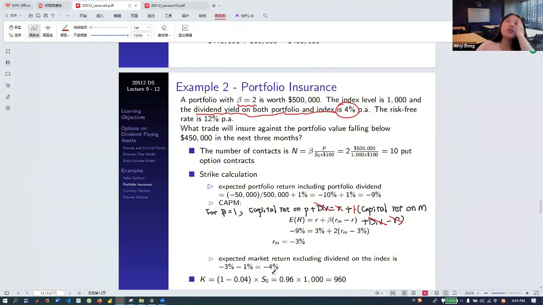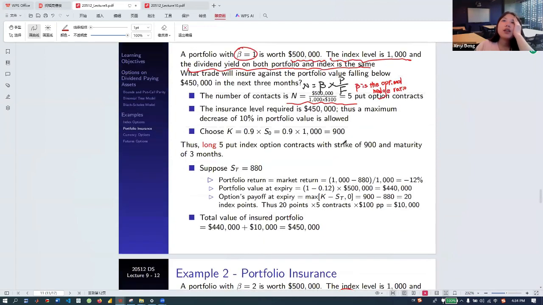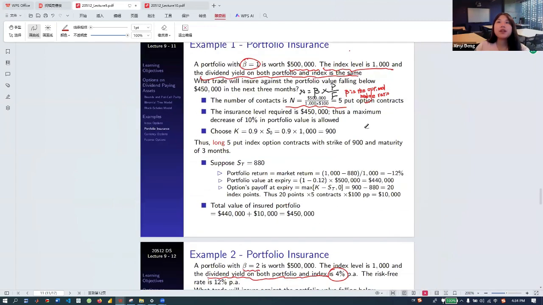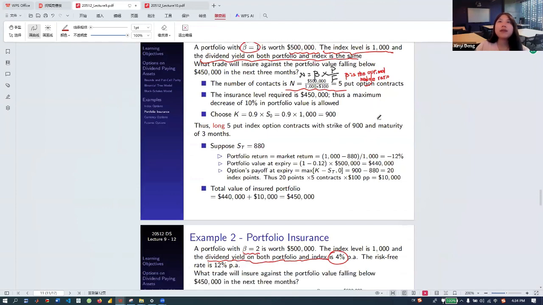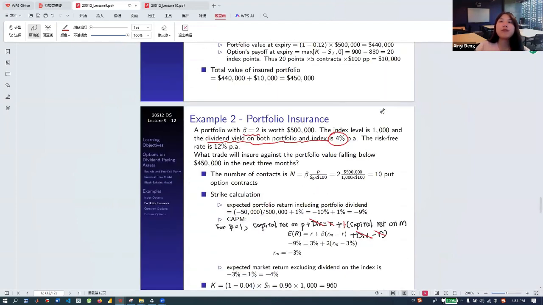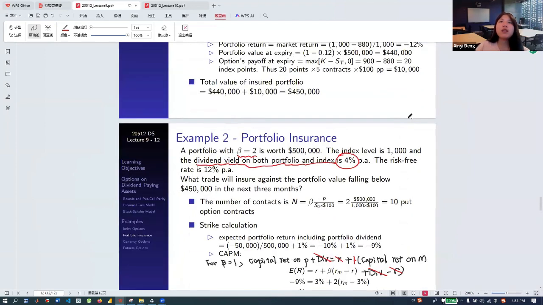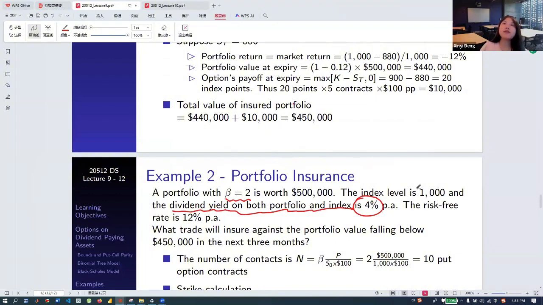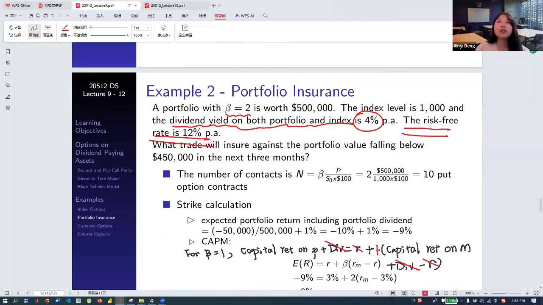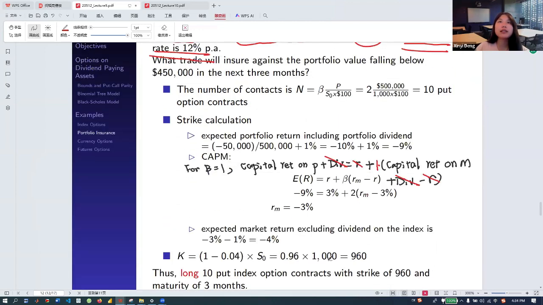We also know that the risk-free rate is 12% per annum. We basically need this information for the CAPM calculation. I will show you guys more details in just a few seconds.